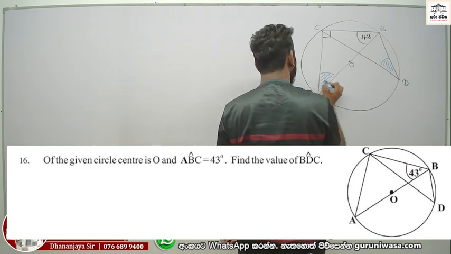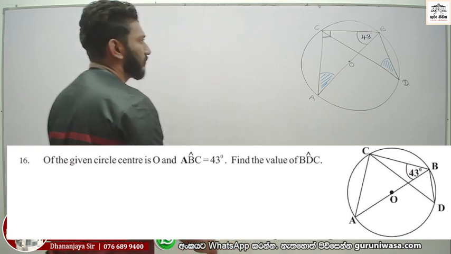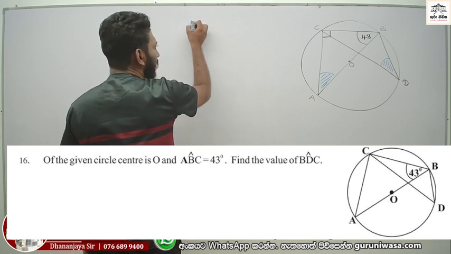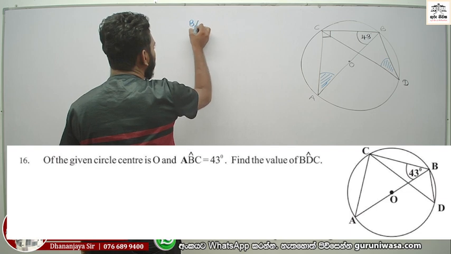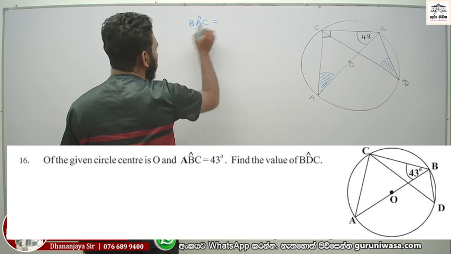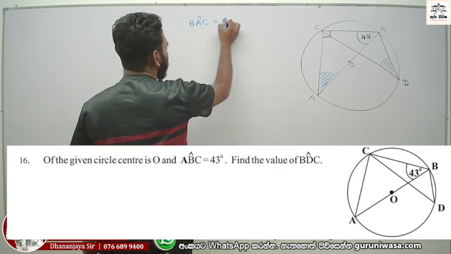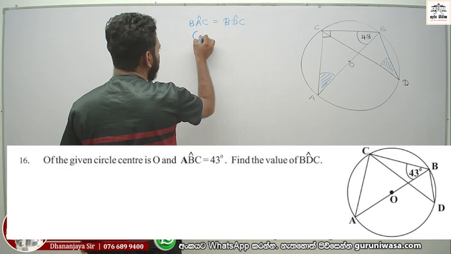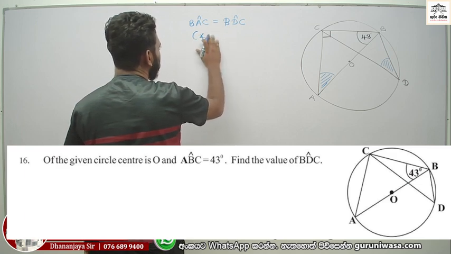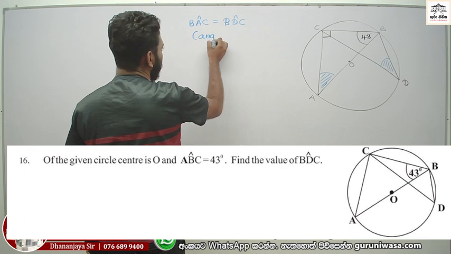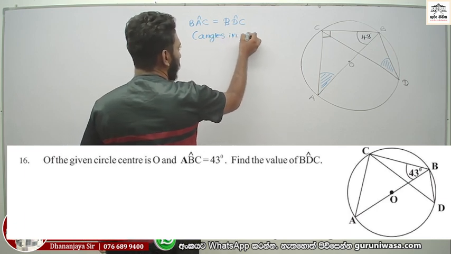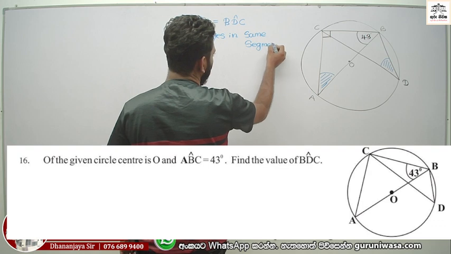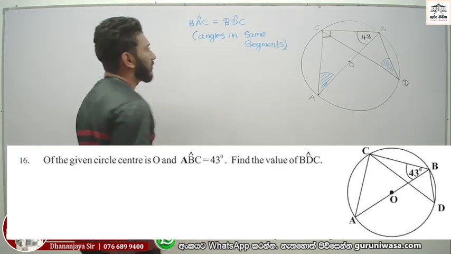Both angles are equal because they are angles in the same segment. Then you can write angle BAC is equal to angle BDC, because angles in the same segment.